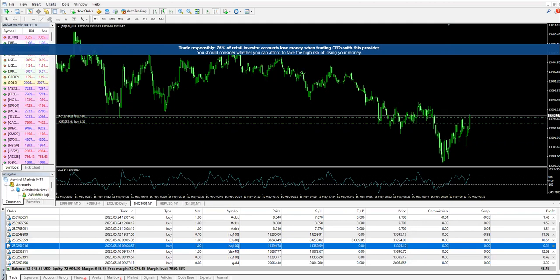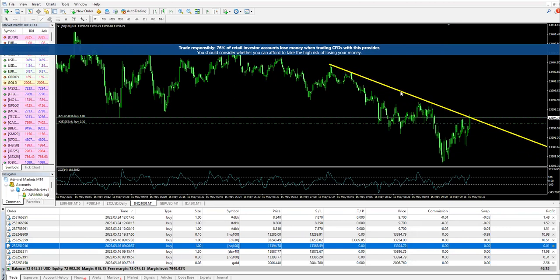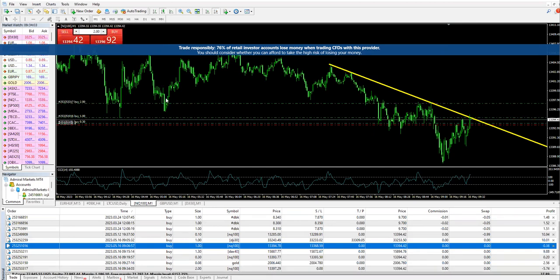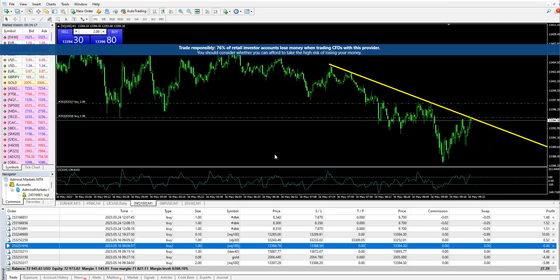Maybe NASDAQ will break this trend line. If yes, we are lucky. This is a small position. I will open a bigger position, but the spread is very high. And I will close this position at 0. We have to wait.